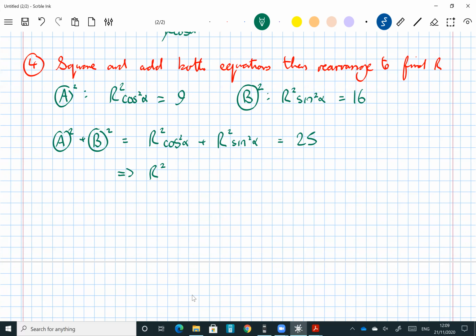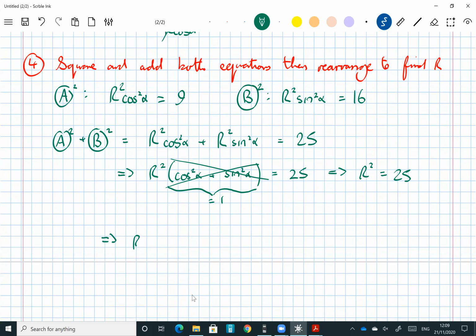Now if I factorize out the r squared, I get r squared times cos squared alpha plus sine squared alpha equals 25. And as you know from first year maths, that's equal to 1. So we're cancelling that out because that bit equals 1. So we've now got r squared equals 25, which means that r equals plus or minus 5.